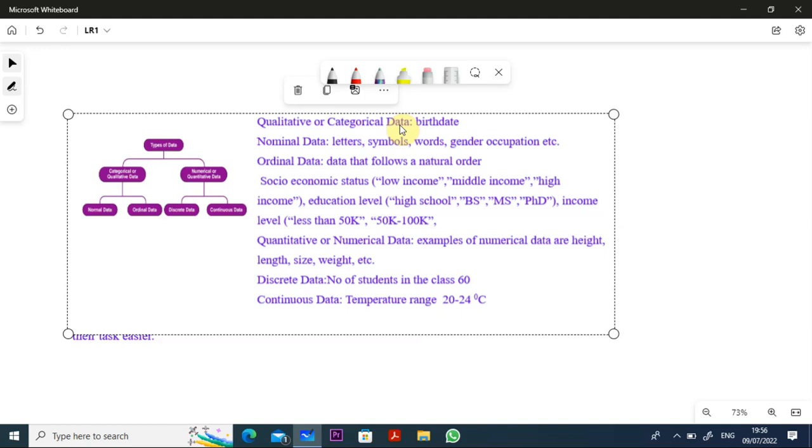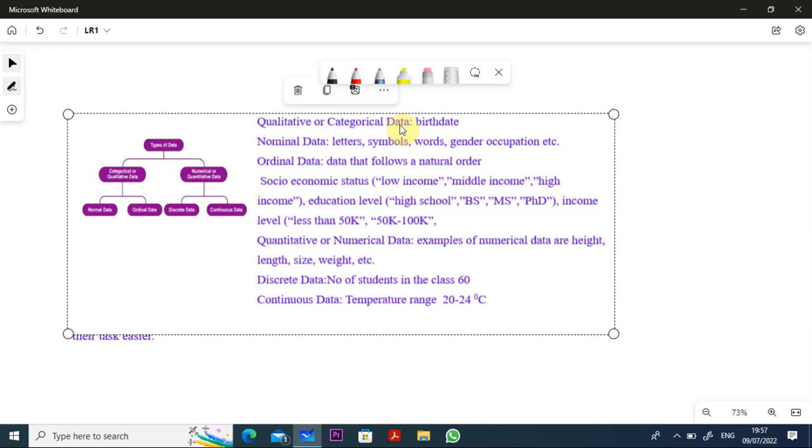Similarly, ordinal data is data that follows a natural order. For example, socio-economic status, which relates to income: it can be low income, middle income, or high income.